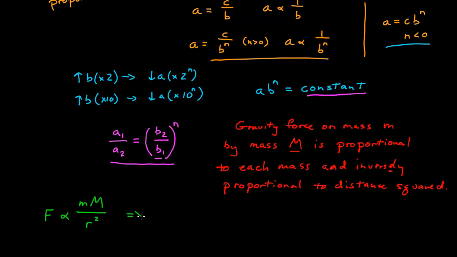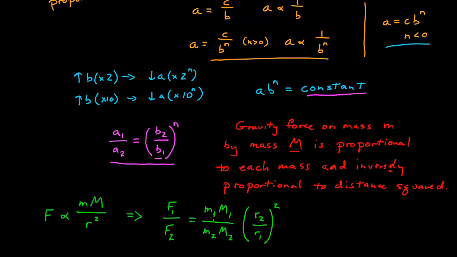So what happens to the force between two objects if the distance between them doubles? If I want to compare the ratio of two gravitational forces, F1 and F2, that ratio is going to be the ratio of the two masses, m1 times capital M1 over m2 times capital M2, times R2 over R1 squared.